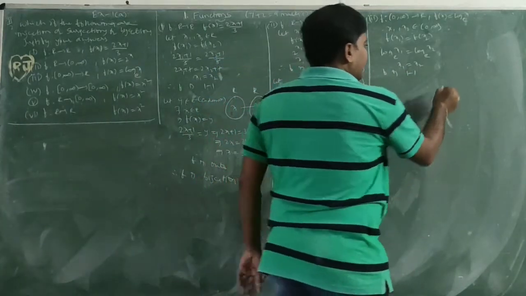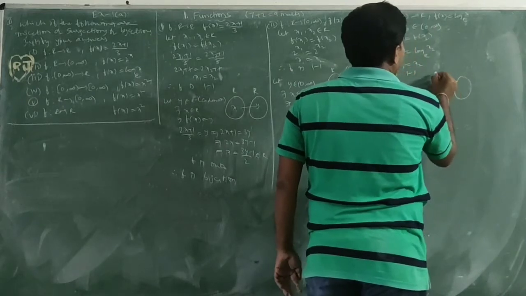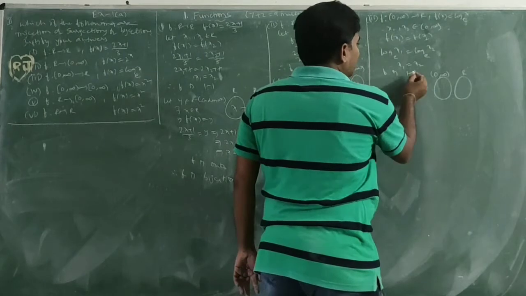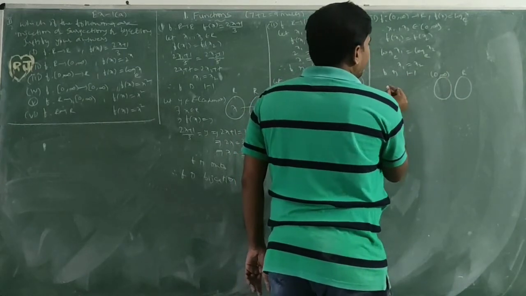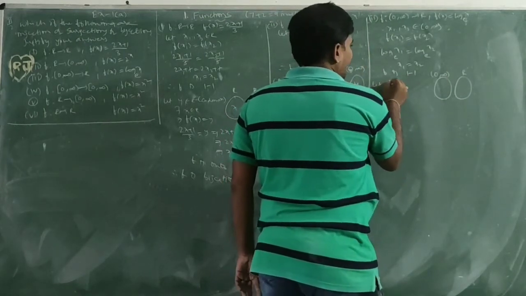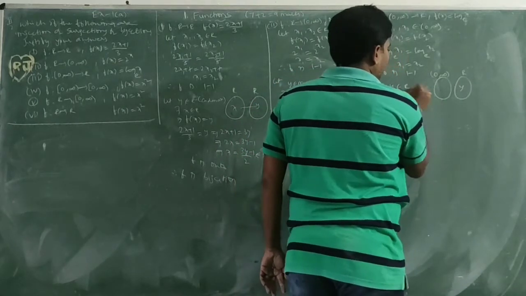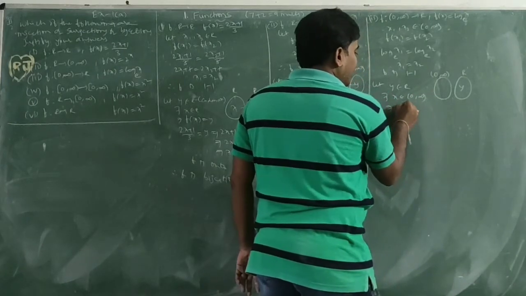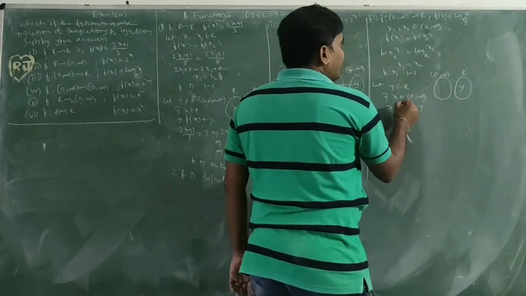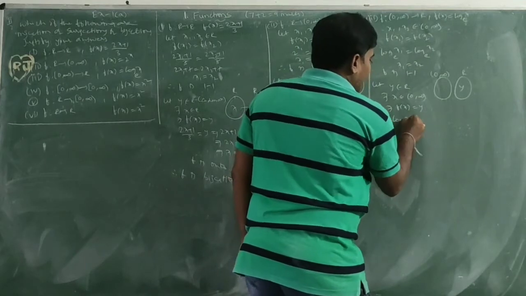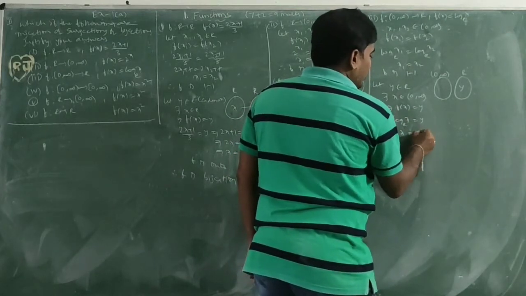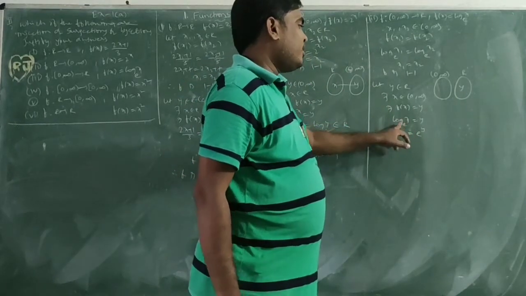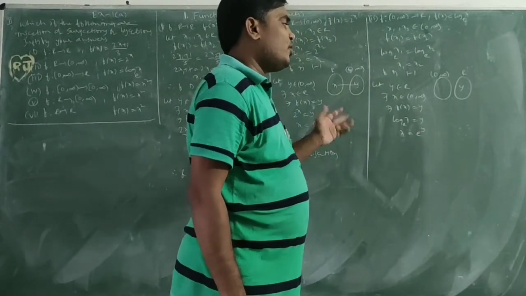So this is (0, infinity) and this is R. Next, let y belong to R. Then there exists x belonging to 0 to infinity such that f of x equals y. So f of x equals what? log x base e equals y, so x equals e power y. So e power y is a positive number.